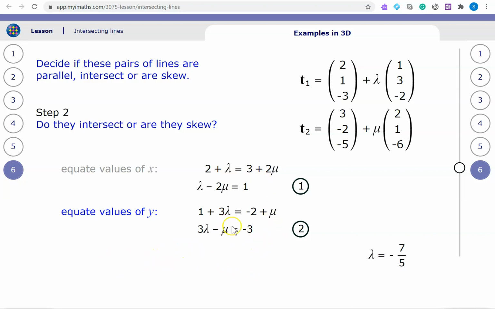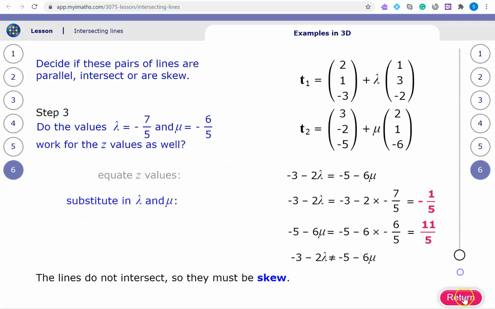All you have to do then is to equate these two, say 1 and 2, and work out values for lambda and mu, and then equate either 1 and 3 or 2 and 3, and see if you come up with the same values for lambda and mu. If you do, then they're consistent. There will be a point of intersection. If they don't, then they're not consistent and there won't be a point of intersection.